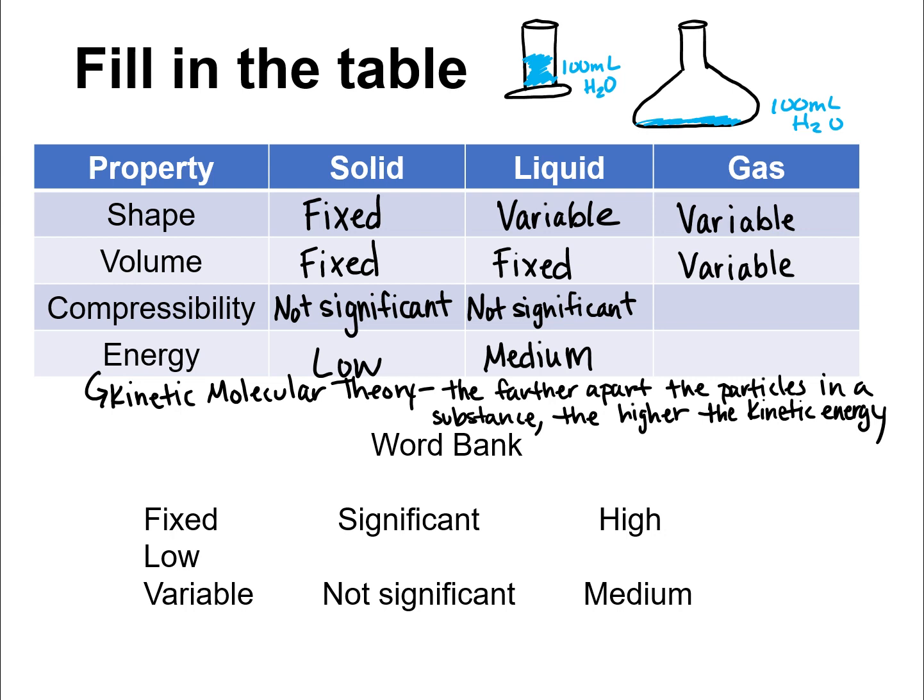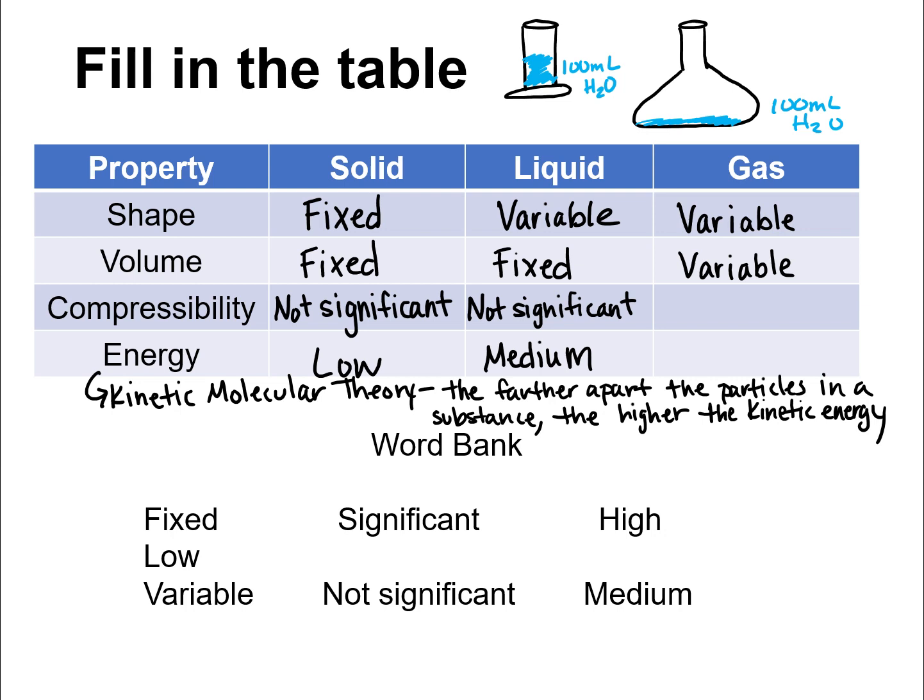You're not going to be able to blow it up the same way, right? Because that gas is going to expand. It's going to look very different. So the shape and the volume of the gas depends on the shape and volume of the container. It's the only one where both of them are variable.